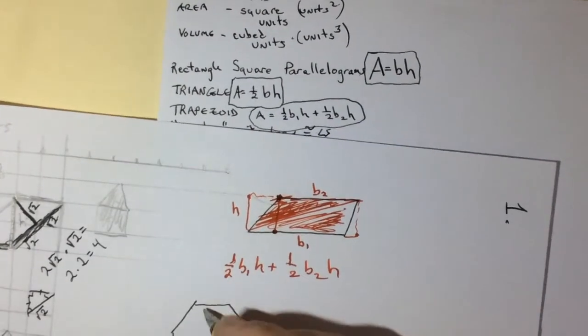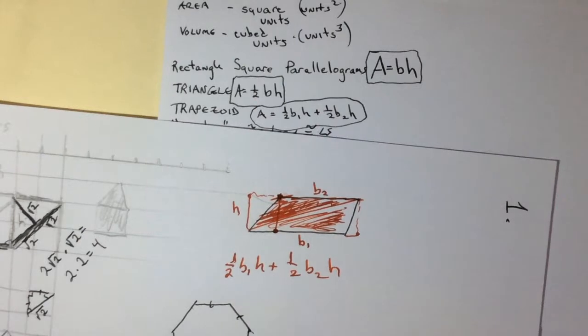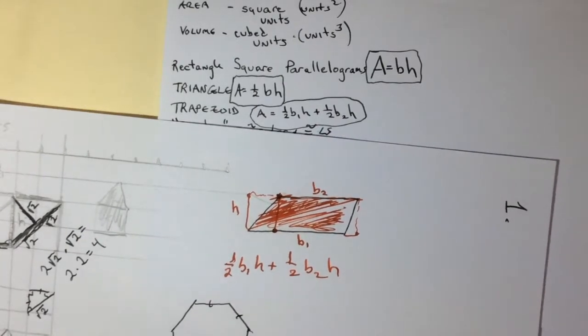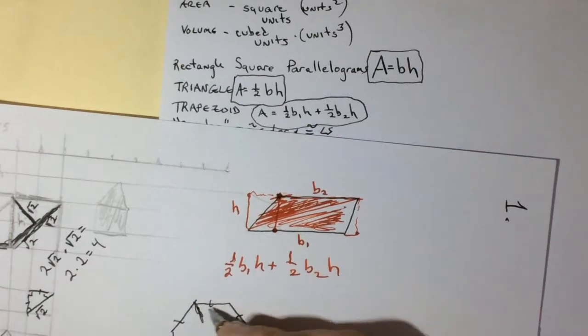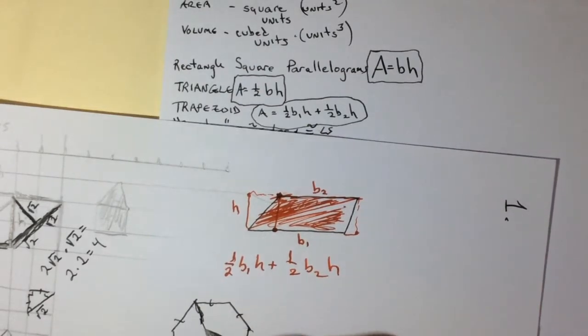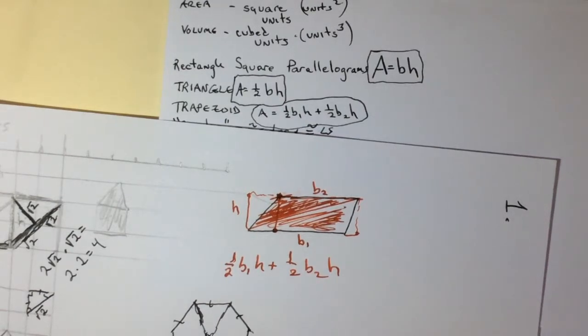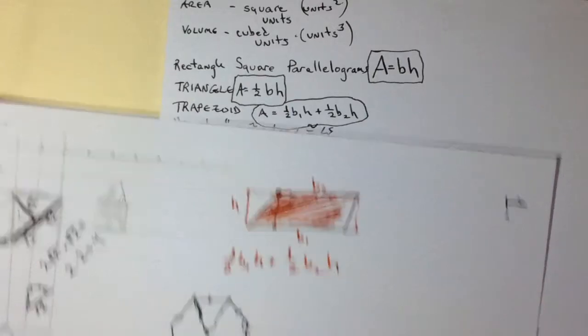If it's regular, then it means all of these are the same size. All of these are the same size. This angle right here. All of these angles are the same size. Just the same.